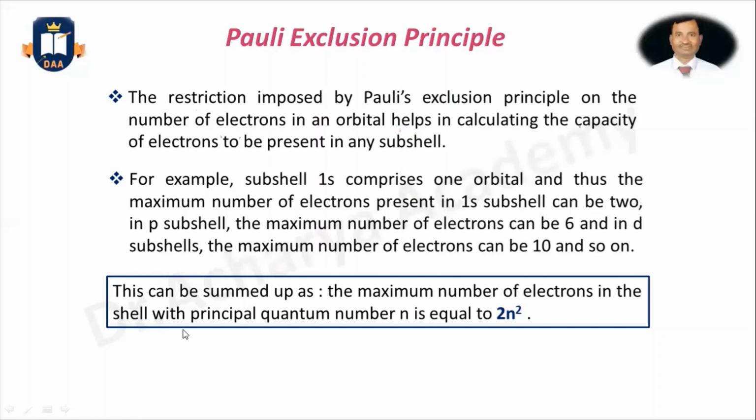So the total number of orbitals is 4, 1 for 2s and 3 for the 2p subshell. In that case 4 multiplied by 2 electrons, the maximum capacity of each orbital, is ultimately 8, and it matches the general equation 2n square, where n is the principal quantum number.